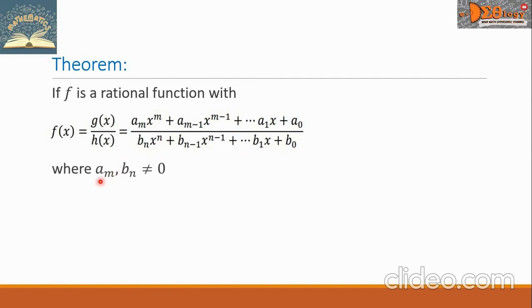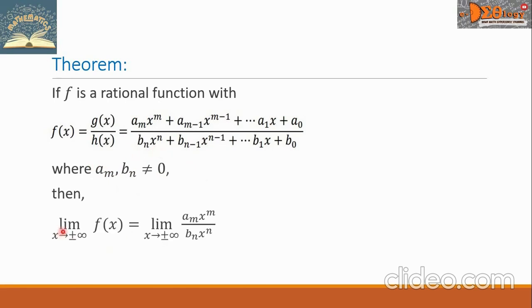Where this a sub m and b sub n are not equal to 0. Take note that the a sub m is the coefficient of the first term in the numerator, and the b sub n is the coefficient of the first term of the denominator.